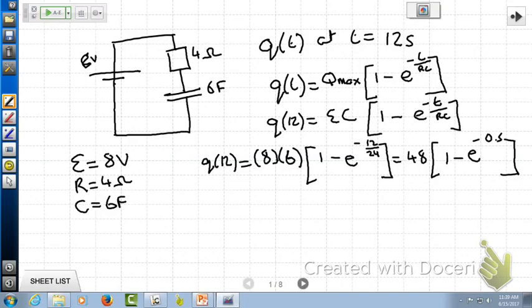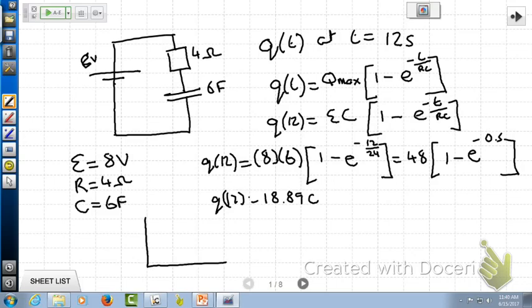Little negative, because you can't use a negative sign, you've got to use that little negative, that's part of the numbers, 0.5, close your brackets, enter. So that's that bit. 1 minus second answer gets me that bit, times 48 gets me that bit, and I'm getting 18.89. It's going to be coulombs.